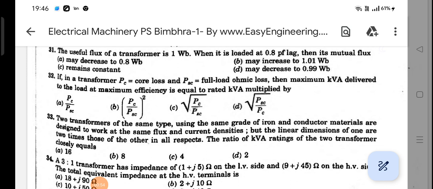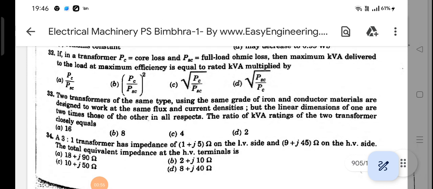Next, two transformers of the same type using the same grade of iron and conducting material are designed to work at the same flux density and current density, but the linear dimensions of one are two times those of the other in all respects.